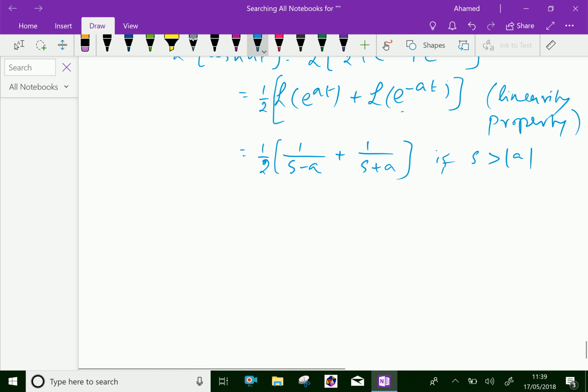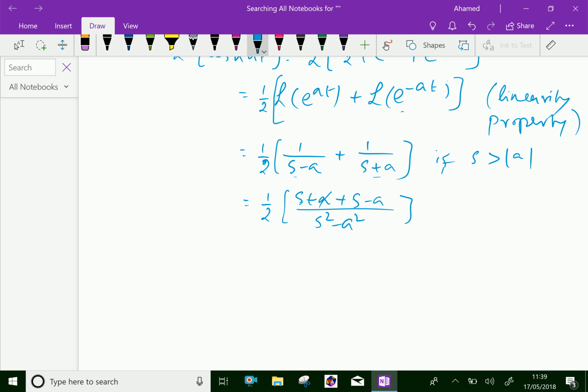Now, this is equal to half, here the LCM of s minus a into s plus a is s square minus a square, that is the multiplication of both factors. By cross multiplying, you get 1 into s plus a is s plus a, plus 1 into s minus a is s minus a.